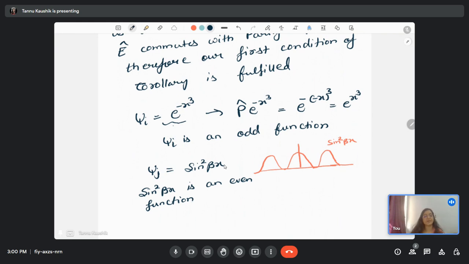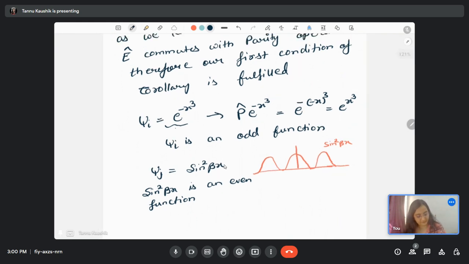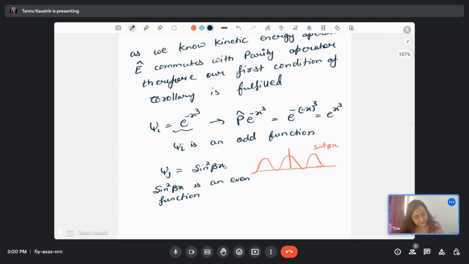So sine square beta x is an even function, that is a symmetric function.